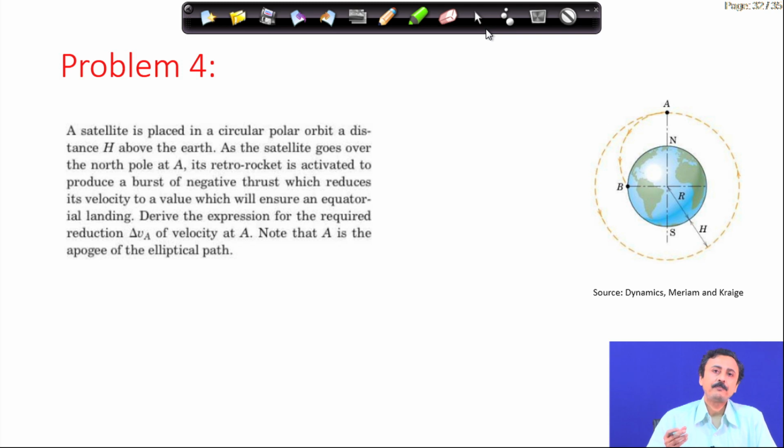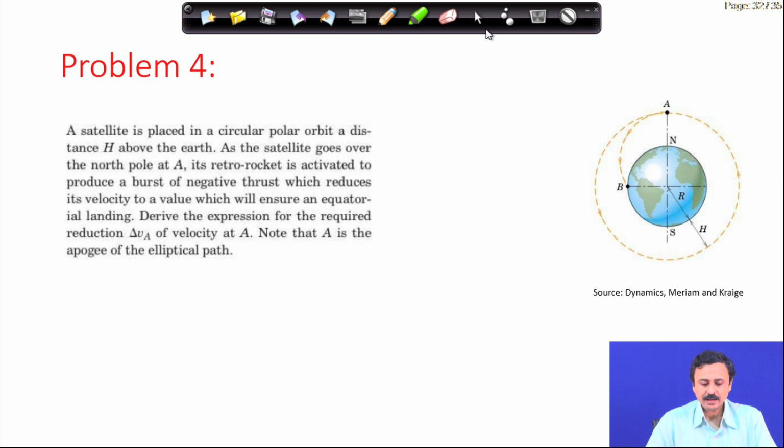Therefore, it actually brakes the motion of the satellite. So, it applies brakes and reduces velocity. Its retro rocket is activated to produce a burst of negative thrust, which reduces its velocity to a value which will ensure an equatorial landing. Derive the expression for the required reduction delta V A of velocity at A.